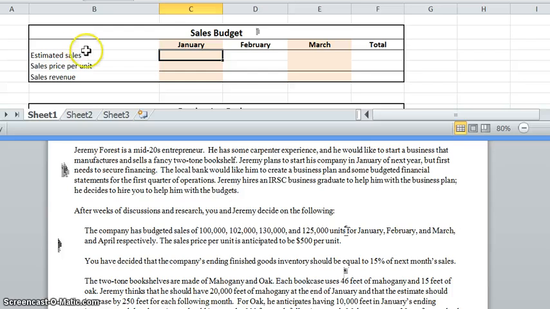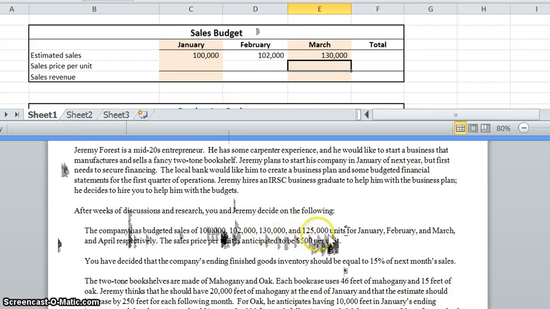So the estimated sales in units tells us that they expect 100,000 bookcases to be sold in January, 102,000 in February, and 130,000 in March. You might say, well, why do they have April?